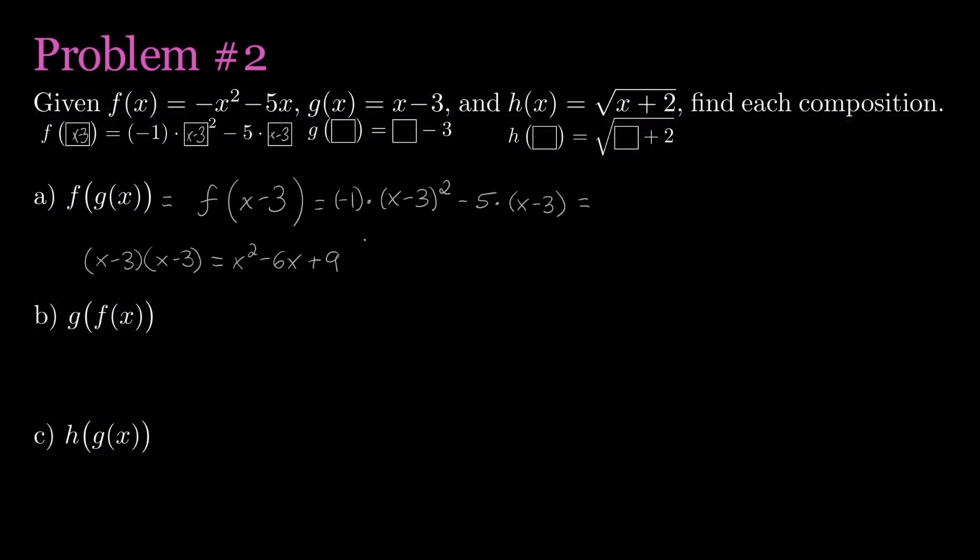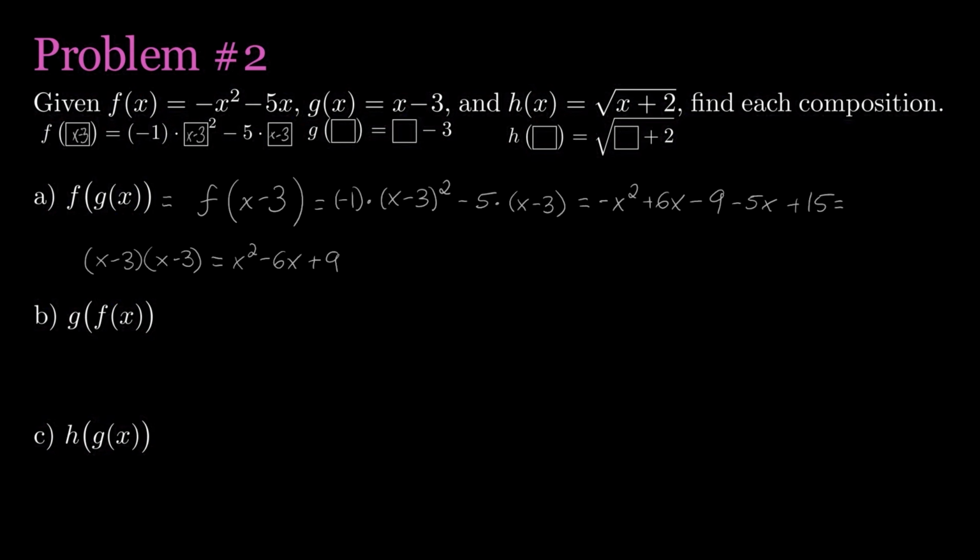That's going to be multiplied by this external factor of -1. So we're going to have minus x squared plus 6x and minus 9. Now the second part, minus 5 times the quantity x minus 3: we just have to distribute that -5 in that difference, so we're going to have minus 5x and then plus 15.